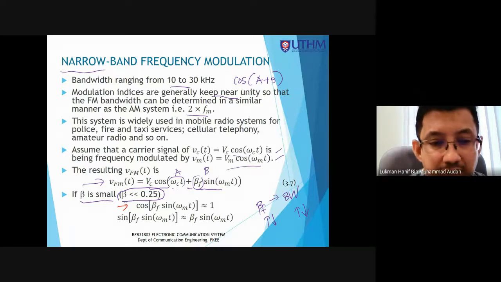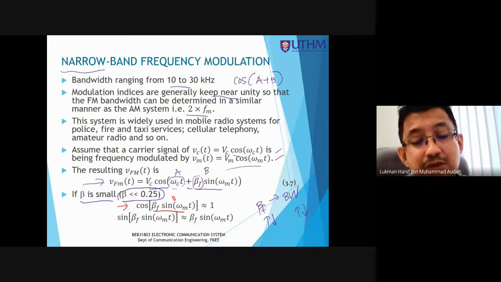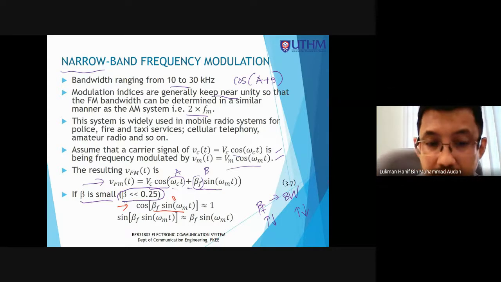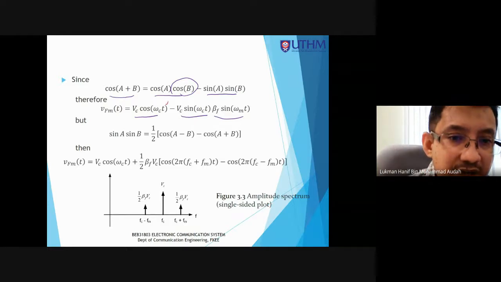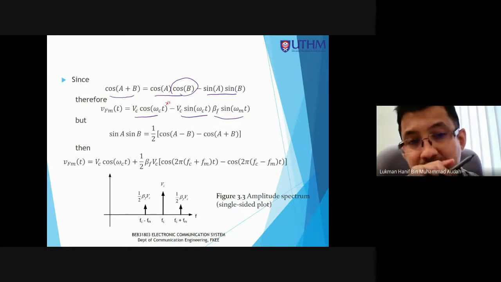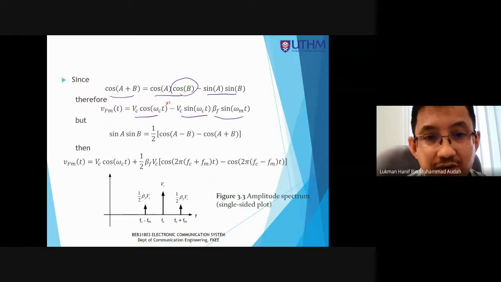Ini adalah B. Cos B is approximately equal to 1. So oleh itu ini menjadi darabkan dengan 1 sebenarnya. Okay. And then what?